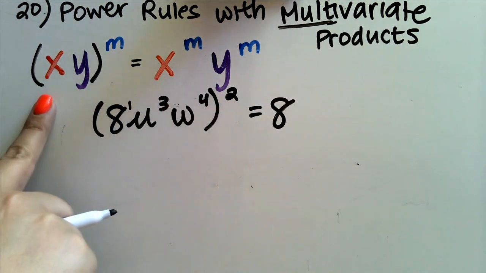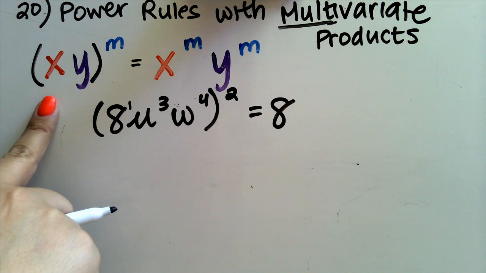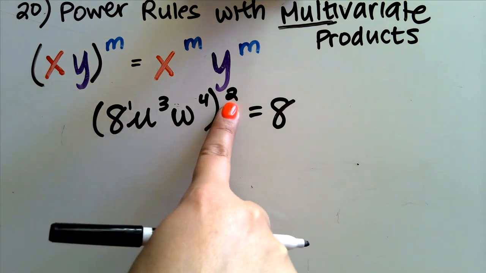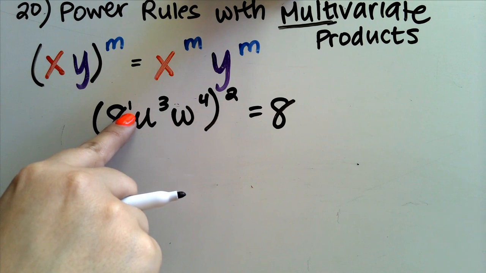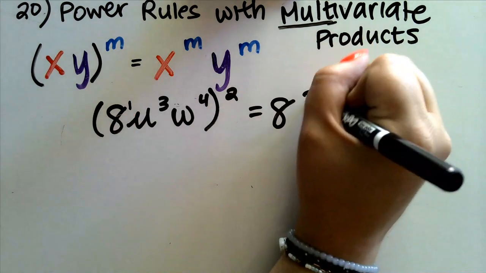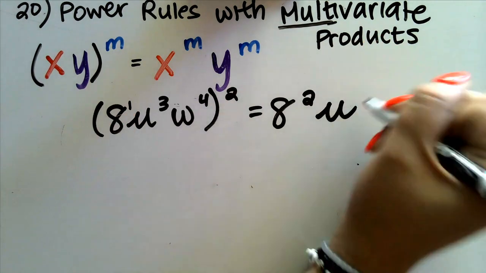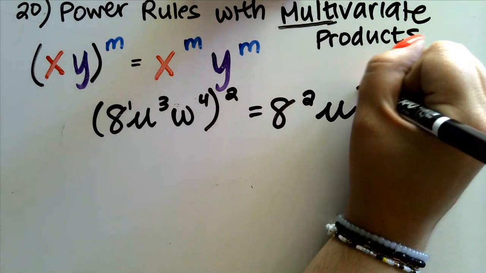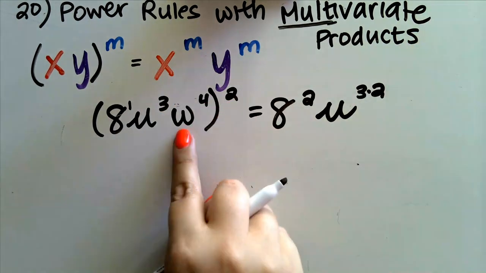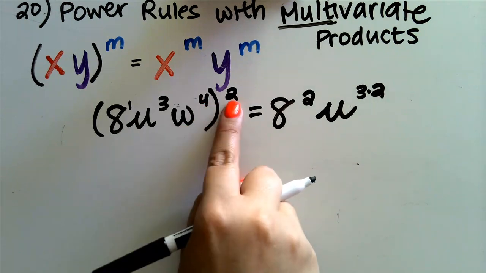And using our power of the power as well as power of the product rule, I know that I am multiplying this exterior exponent times the exponents inside. So 1 times 2 is 2. And then u, 3 times 2. And then w, 4 times 2.